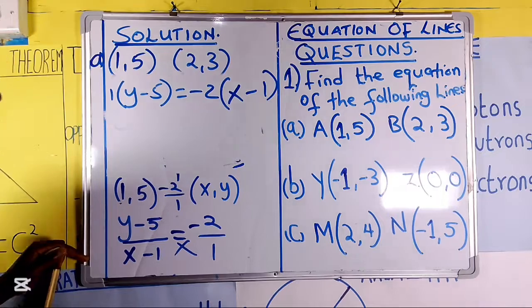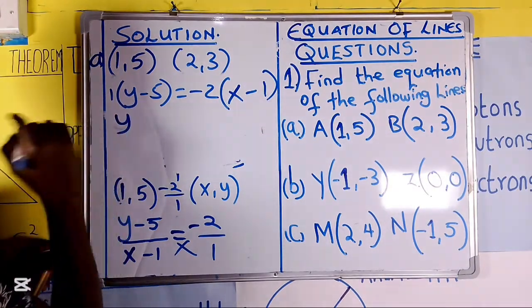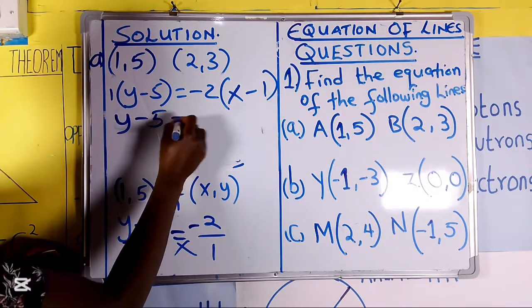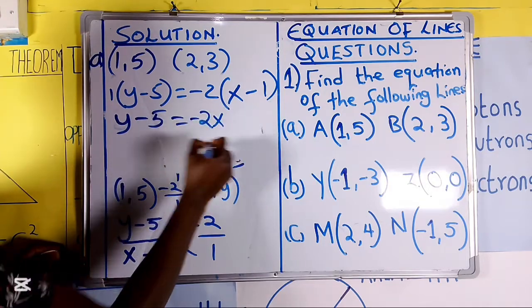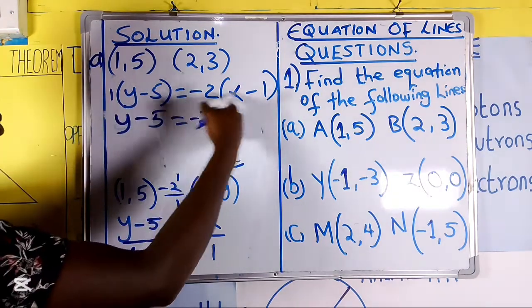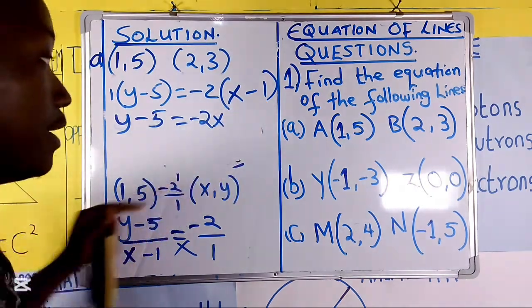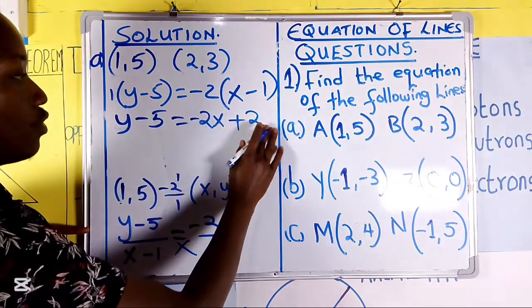Once we do that, we can open the brackets. 1 times y is y, minus 1 times 5 is 5, equals minus 2 times x, which is minus 2x, and minus 2 times minus 1. A negative number multiplied by a negative number is a positive number, so it will be 2 times 1, which is 2.